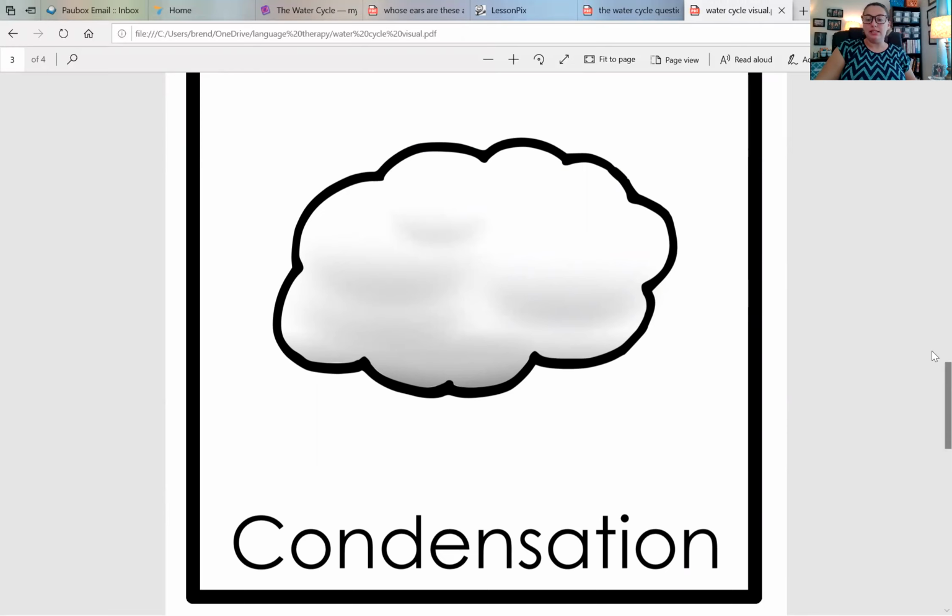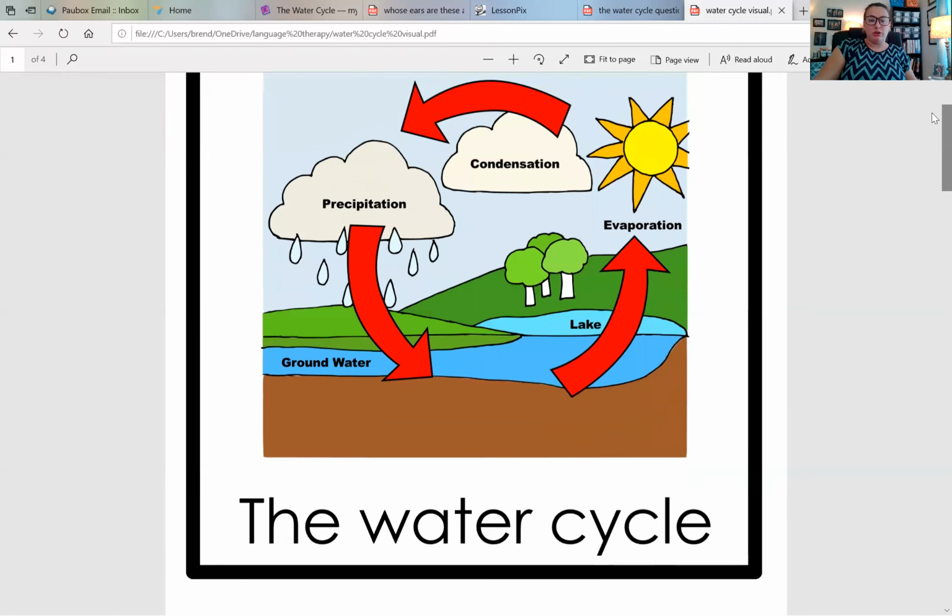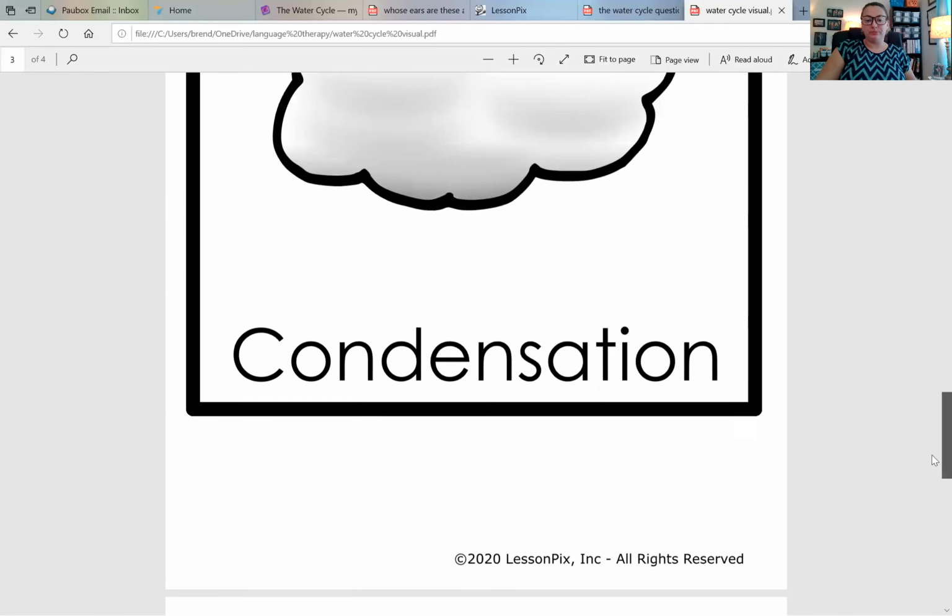So what happens is it comes down, and that's called precipitation. Okay, so here you see precipitation. The cloud gets very heavy, and then the rain or snow comes down. Let me show you a picture down here.